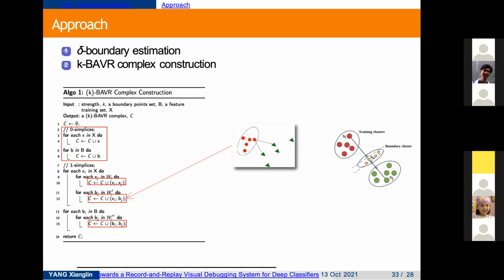Changshen and Yufan, are you still there? Yes. Any comments on Xianglin's presentation? I have two comments. First, are these slides transferred from Beamer?